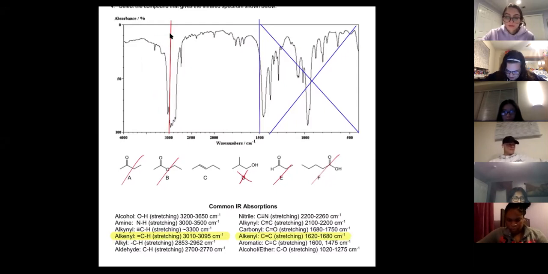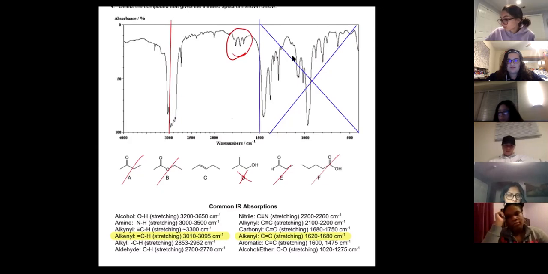And that's that stretching at 1620 to 1680. So it's these guys. Those three little fingertips are what tell you that you have a carbon-carbon double bond. Okay, everybody okay with that? So it's those three little fingertips. That's what tells you the carbon-carbon double bond.